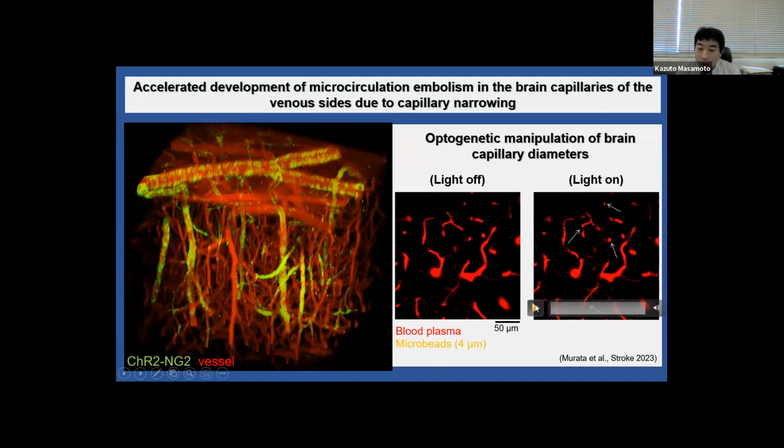But if you stimulate these channelrhodopsin-expressing pericytes, you see the microbeads are stuck in certain locations. That means activated channelrhodopsin-expressing pericytes could shrink in this location.